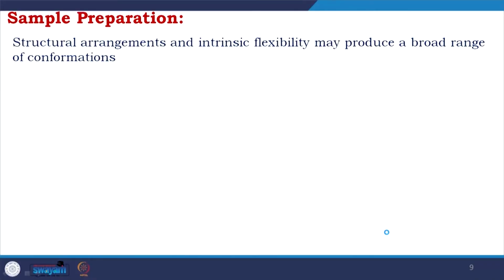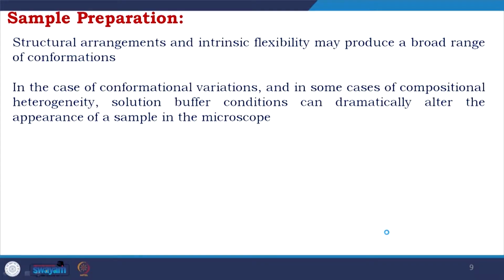Structural arrangements and intrinsic flexibility may produce a broad range of conformations. So, if your protein is structurally flexible, this is an intrinsic property of the protein, and it could produce different conformations. In the case of conformational variation and in some cases of compositional heterogeneity, solution buffer conditions can dramatically alter the appearance of a sample in the microscope.